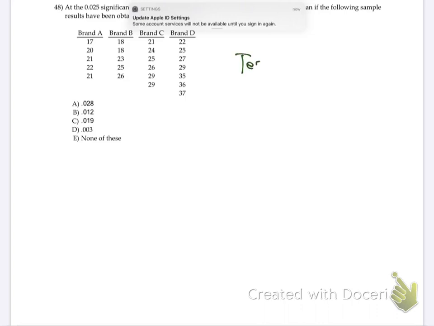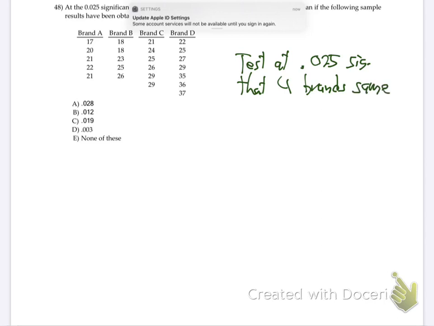So test at .025 significance that the 4 brands have the same mean.